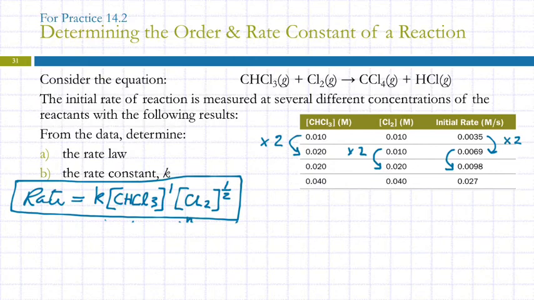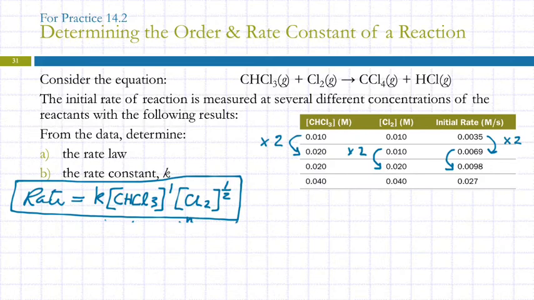Well, how can we figure out what the rate constant is? We have an equation. We need to plug some numbers in, right? We need a rate, and we need a concentration for each of these. We have 4 sets of those. Does it matter which one we choose? No, because the rate constant is a constant.